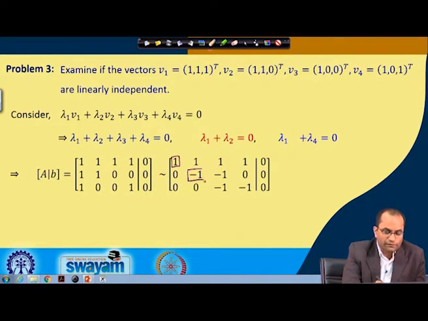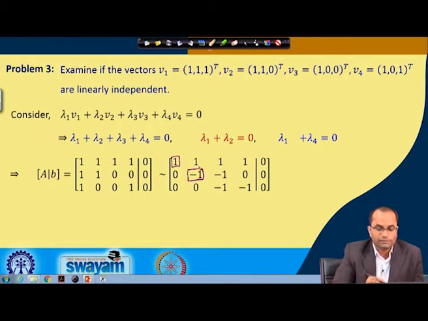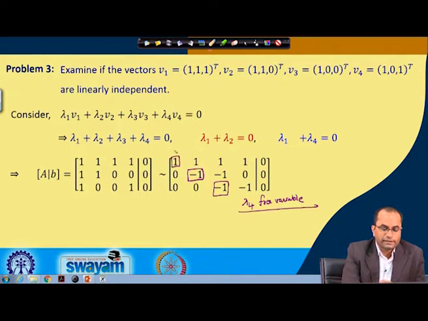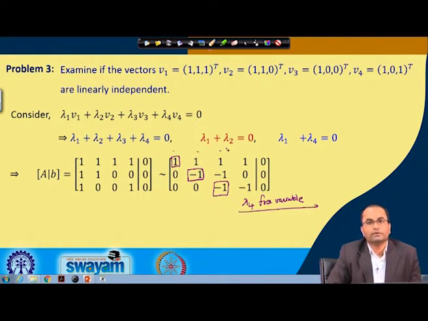Here also we have the pivot, the second column has the pivot, the third column also has the pivot, and the fourth column does not have a pivot, because there is a non-zero quantity sitting to the left of it. If you remember from our previous lectures, this corresponds to lambda 4, which we call the free variable. The free variable is only one in this case, and the dependent variables are lambda 1, lambda 2, lambda 3.